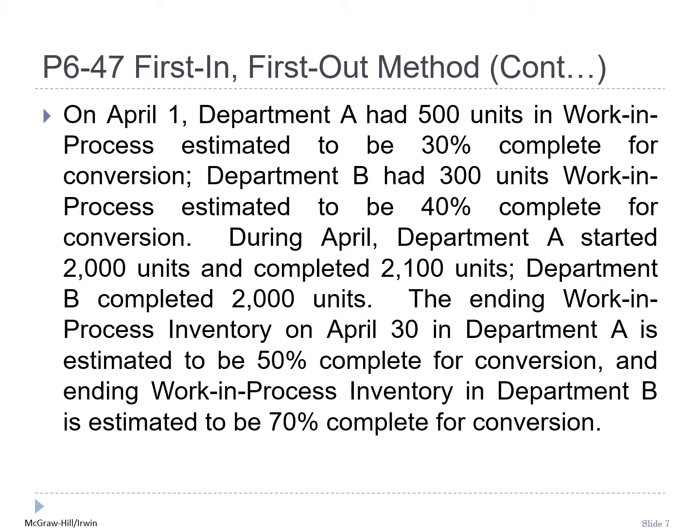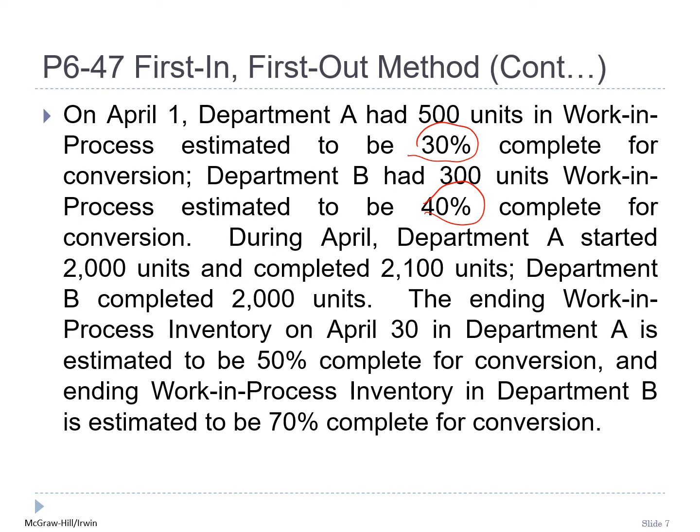So take note, last time, pag weighted average, yung percentage of completion ng beginning inventory na 30% tsaka tong 40%, in-ignore natin yan sa weighted average. Kasi nga, basta weighted average, ang i-assign natin na percentage completion dun sa beginning inventory is always 100%.